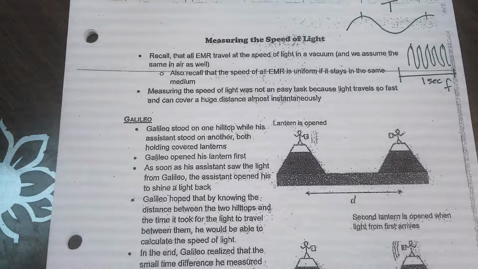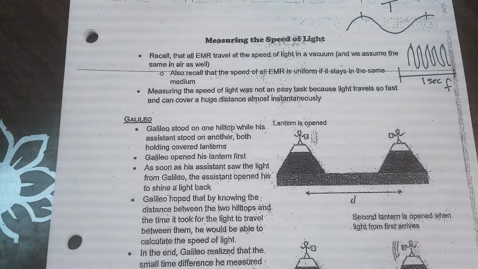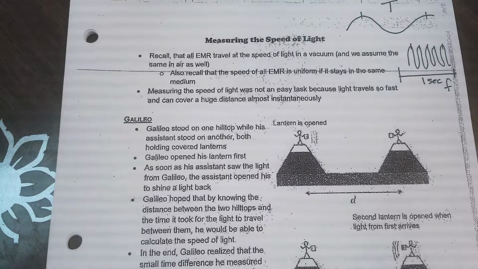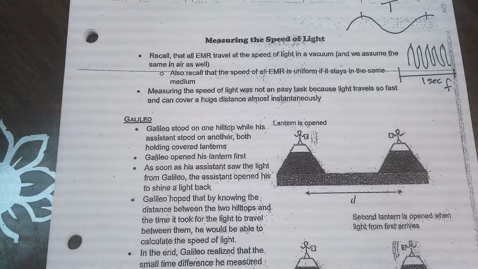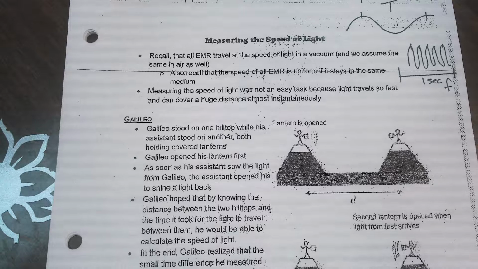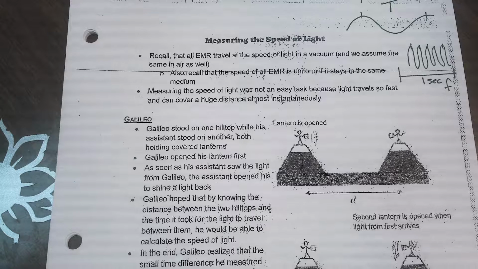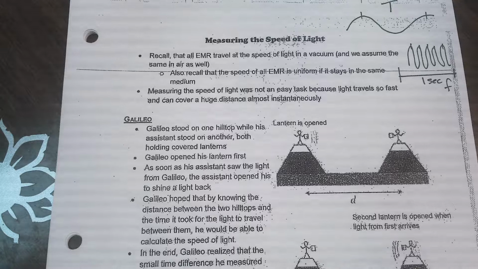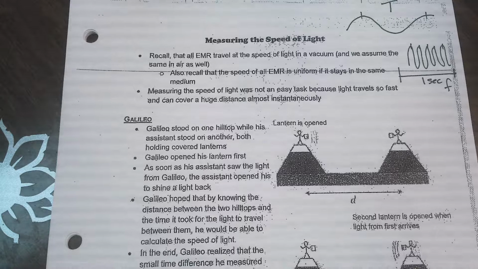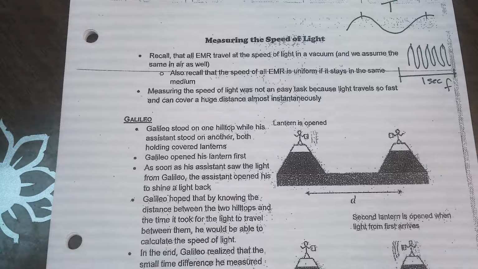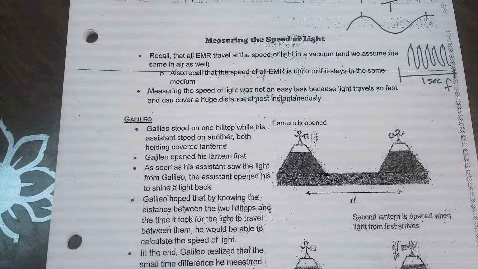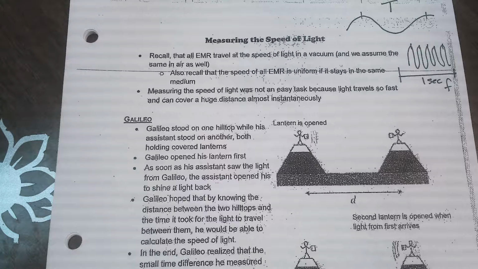It's the same value that we take into consideration. And so uniform is uniform if it stays in the same medium. So if that EMR is traveling in air all the time, or in a vacuum, or in glass or in a diamond, then it stays the same until it moves into a different medium.